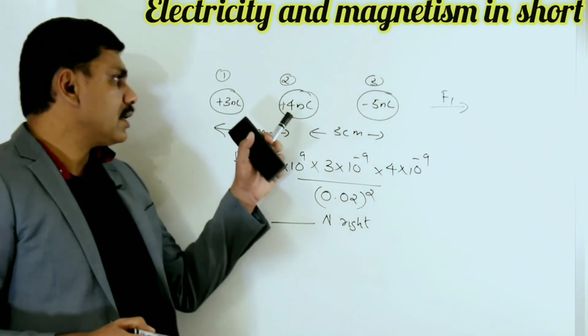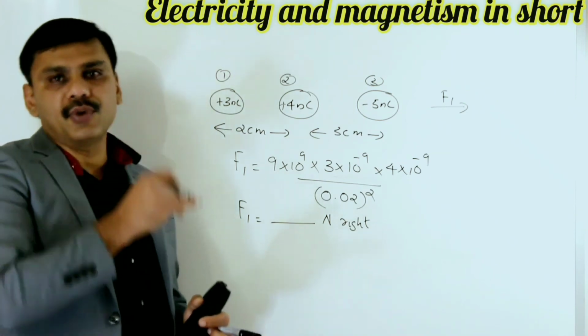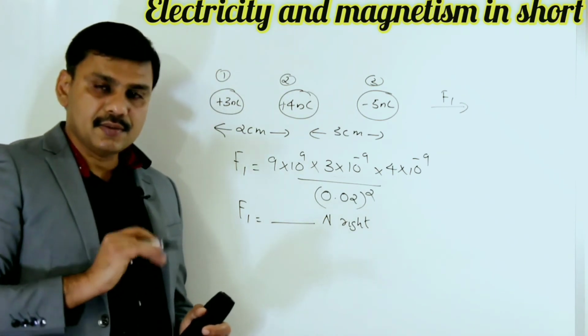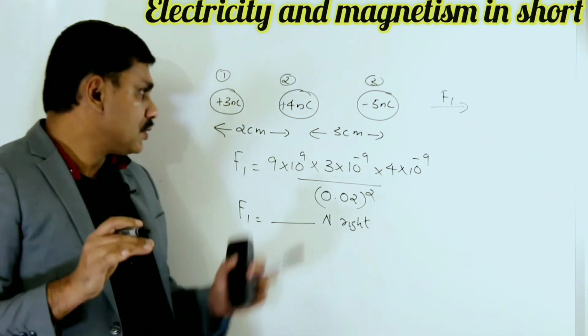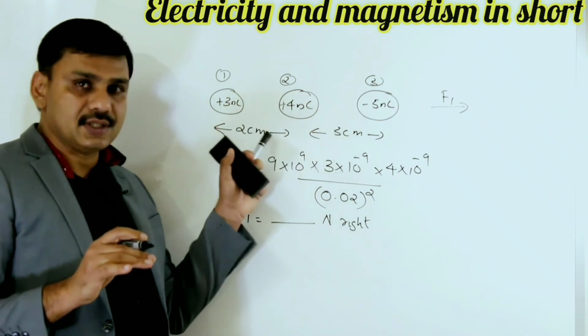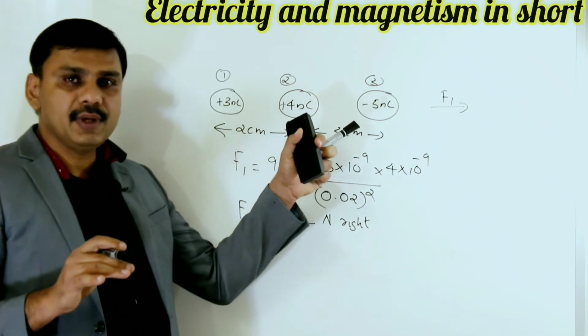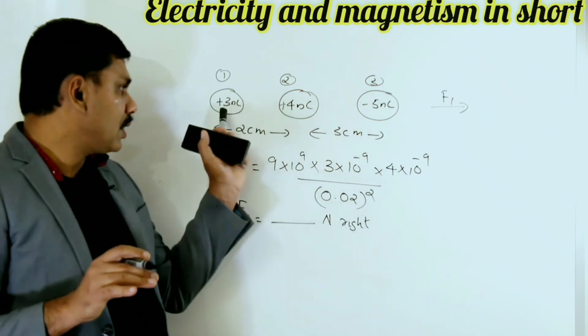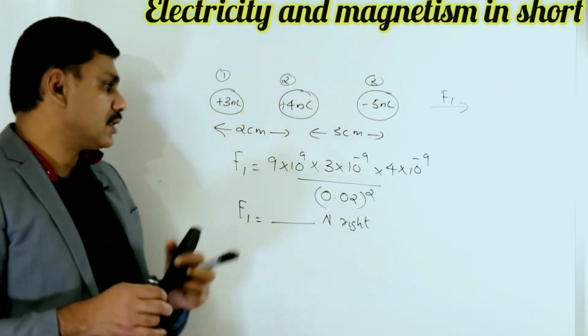So the second charge experiences a repulsive force by the first charge because both are positive. So the second charge is repelled towards right by the first charge. So the F1 direction will be towards right if you consider first charge and second charge.